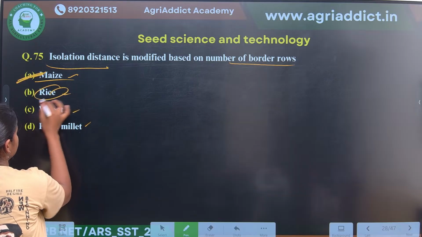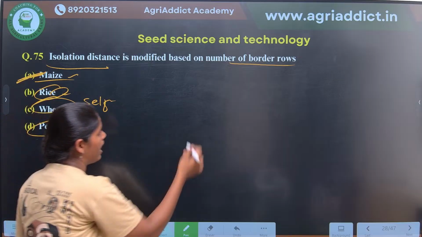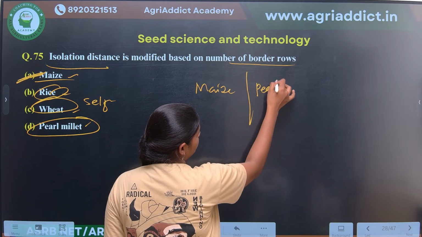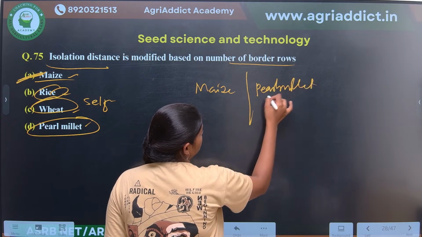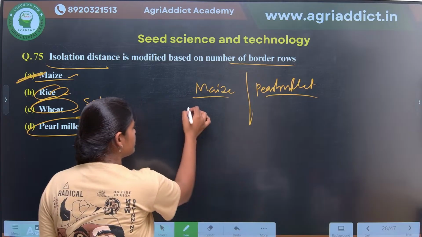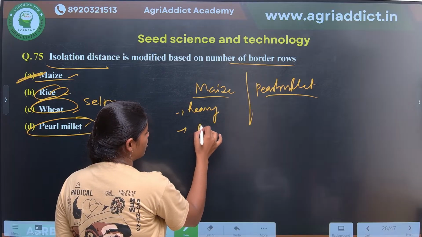In maize, we can modify the isolation distance based on the borders. In rice and wheat, they are highly self-pollinated. In pearl millet, you can ask why not pearl millet? Why only maize? If you see the pollen load or type of pollen, in maize it is a bit heavy, so it will travel a very short distance.